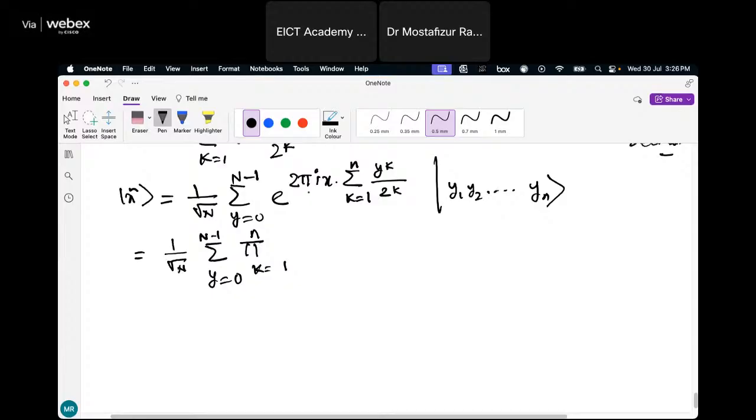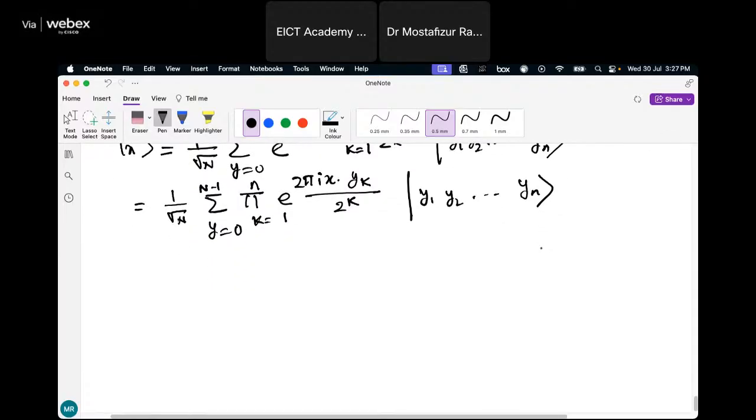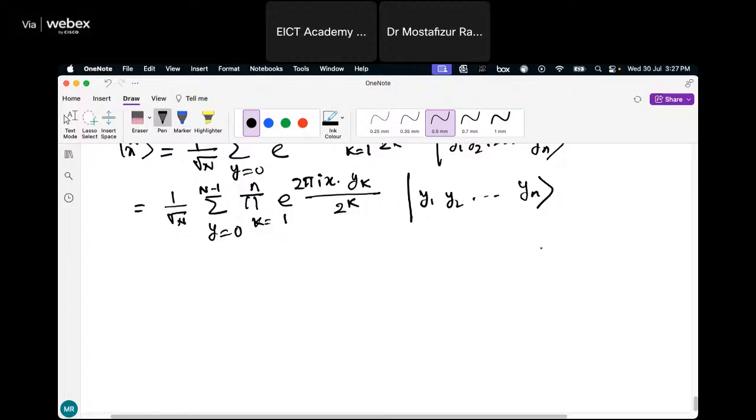So we are just converting this sum to a product: e to the power 2 pi i x yk divided by 2 to the power k, for the bit string y1 y2 dot dot dot yn. Okay. I'll take all the questions, so let me complete the derivation part.